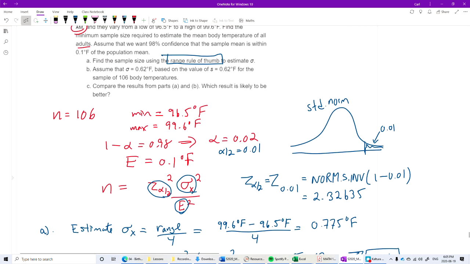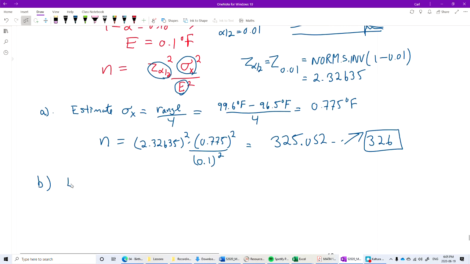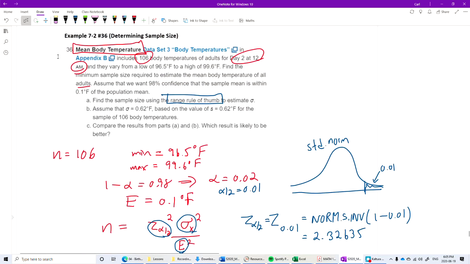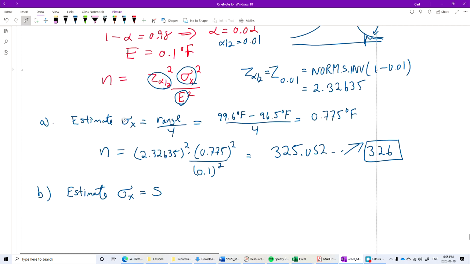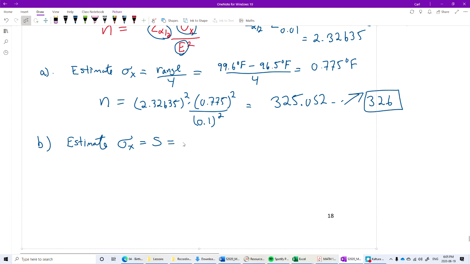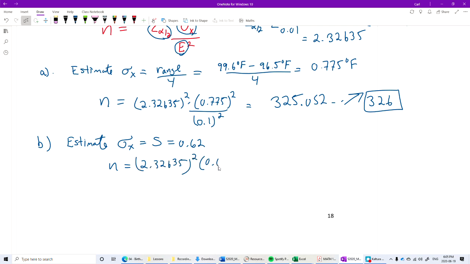Now it's saying, what if we do it again? Now estimate sigma using the S from the actual data set. Assuming that if we actually looked at the data set, we could calculate this ourselves, S is 0.62. So if we approximate that sigma is 0.62, what do we get? Now n is 2.32635 squared times 0.62 squared over E squared.